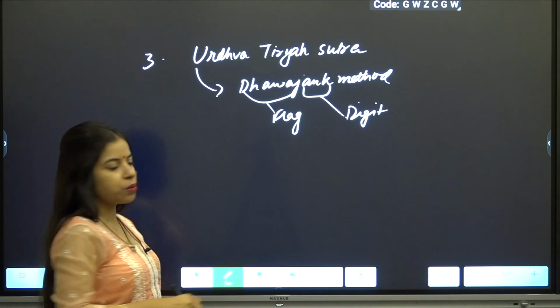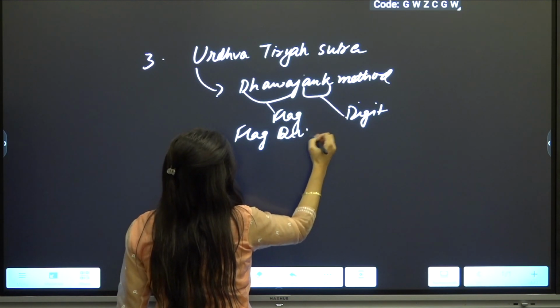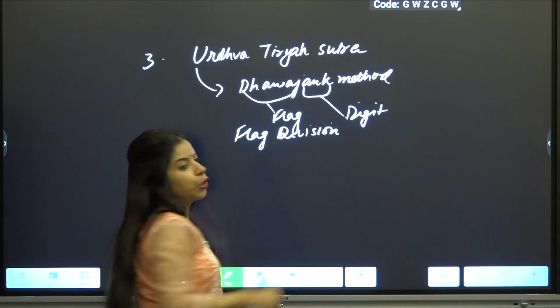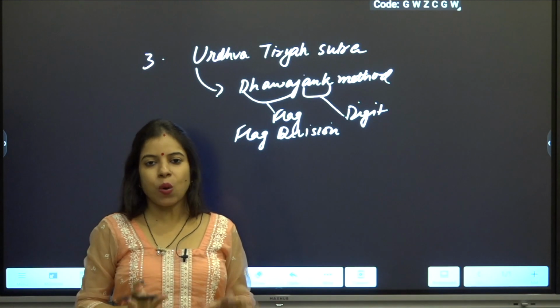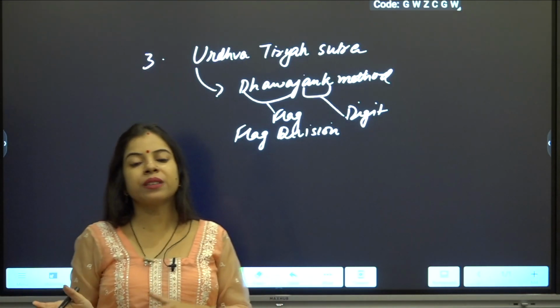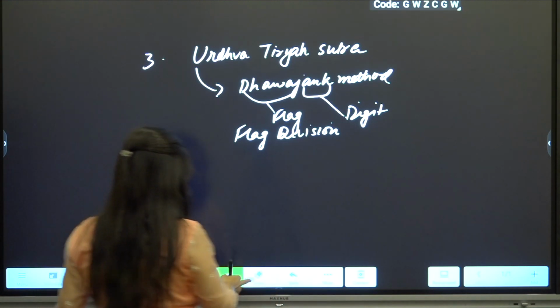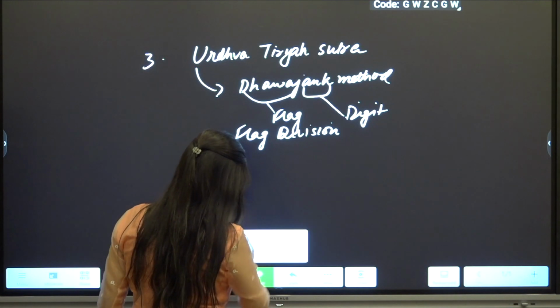So this is also known as flag division, and this is applicable to all the forms of the numbers. Okay, whether the numbers are close to the base or not, it is applicable to all the numbers. Let us see how with the help of an example.